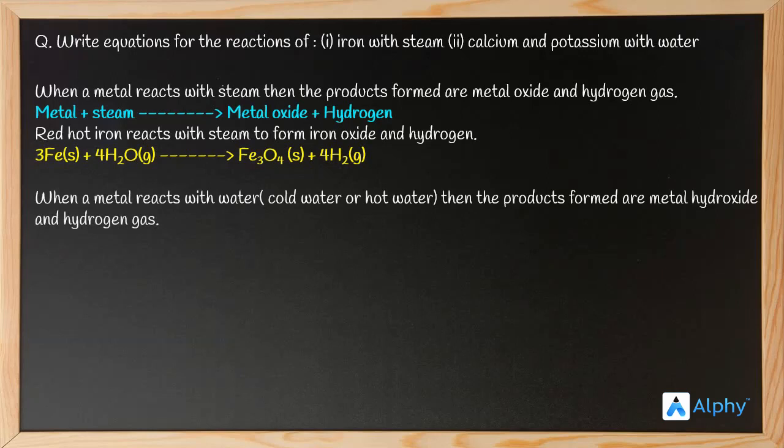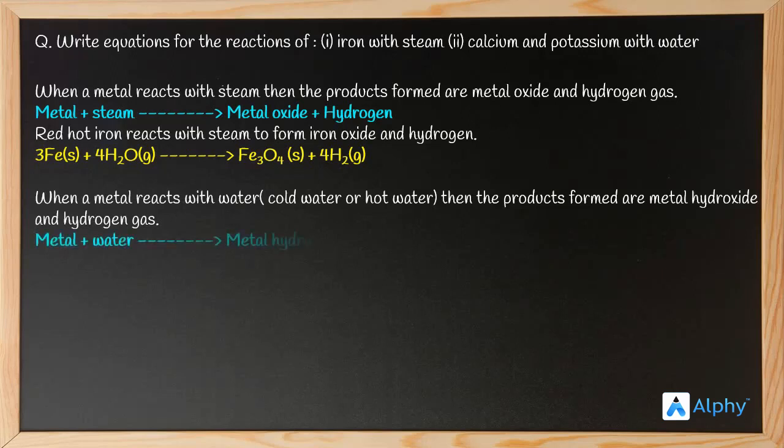With water, it gives metal hydroxide and hydrogen gas. However, with steam, it gives metal oxide and hydrogen. So in steam it gives metal oxide, and with cold or hot water, it gives metal hydroxide. That's the difference.